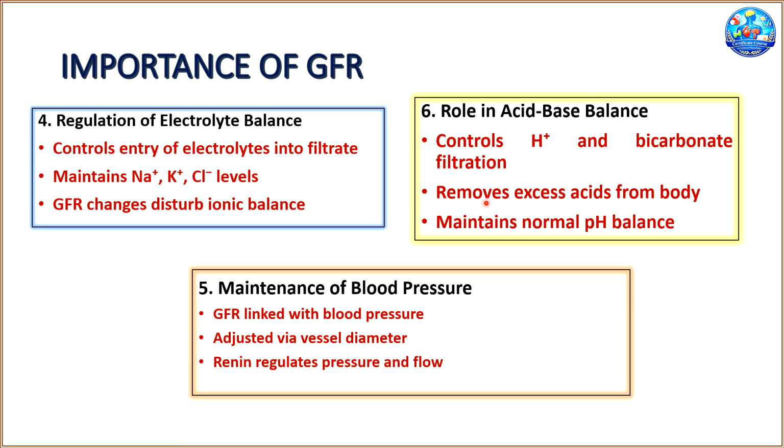Proper filtration removes all the excess acids and helps maintain an adequate pH, so that the body fluids are within normal limits. Normal limits of pH: not acidic and not basic.